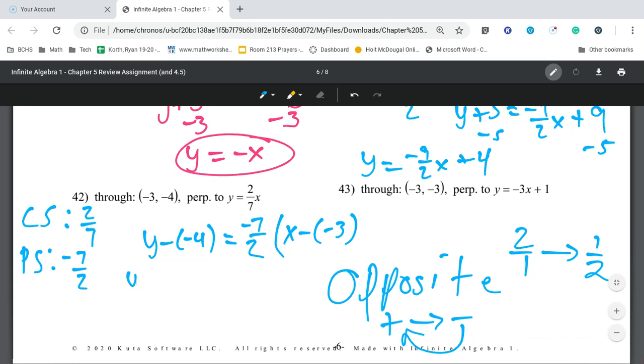So y plus 4 equals negative 7 over 2 times x plus 3. Y plus 4 equals negative 7 over 2 x minus 21 over 2.